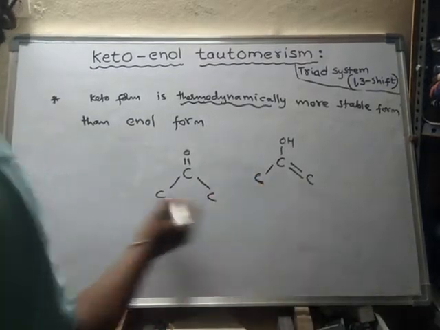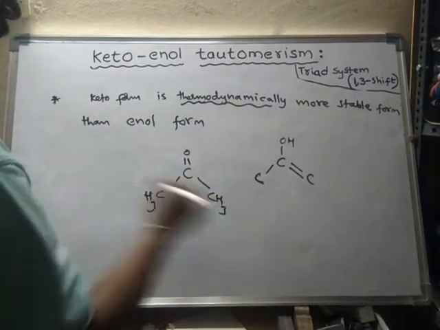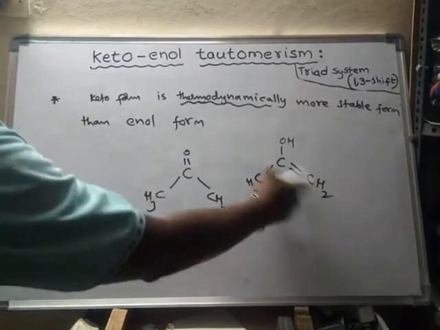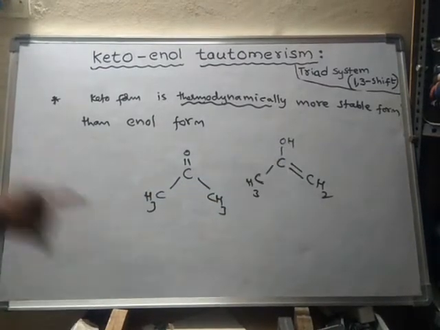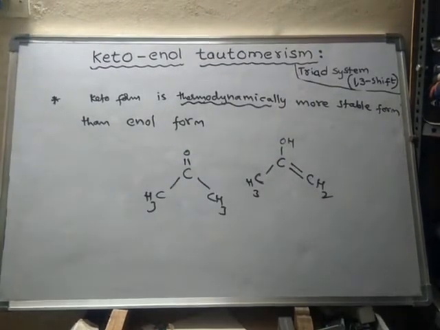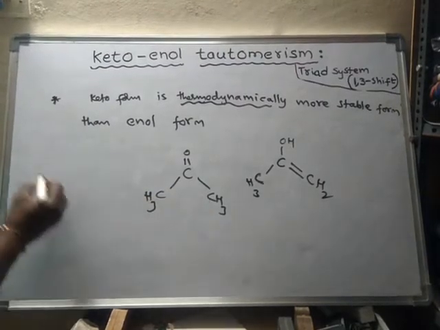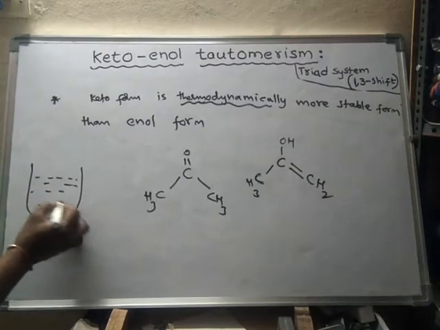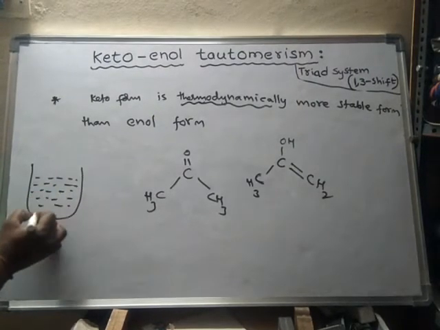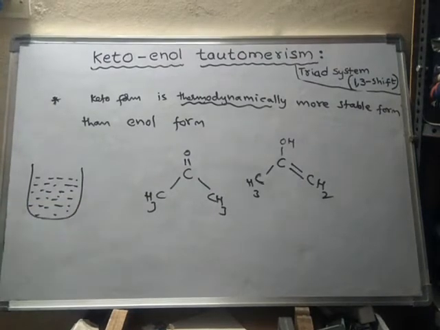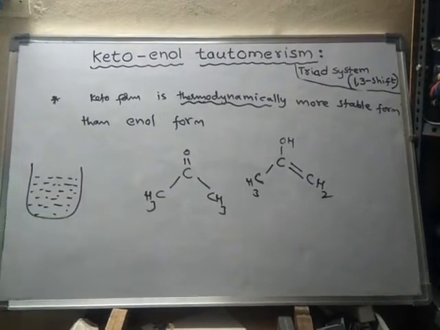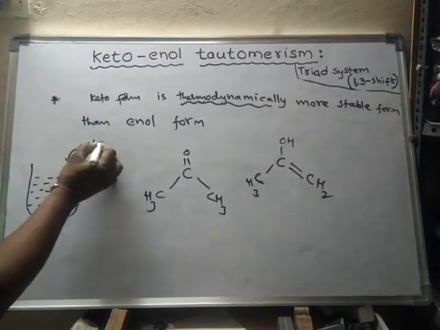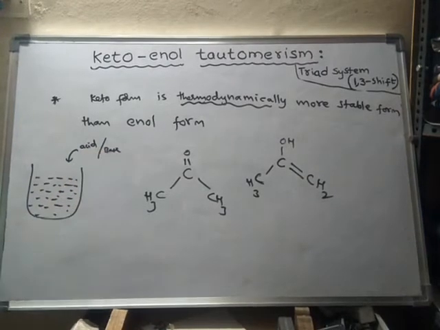see here, this is acetone, CH3 CH2. This is propanol, acetone, propanol. Actually, if I take acetone in a vessel or a container, and I add a little amount of acid or a little amount of base, what happens?